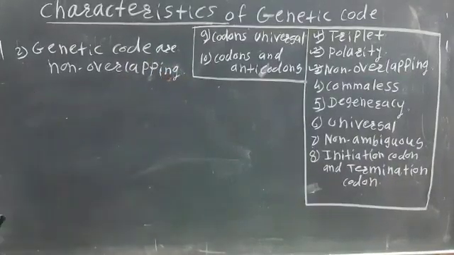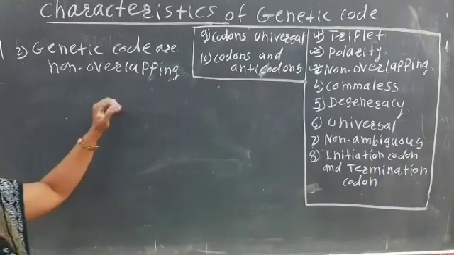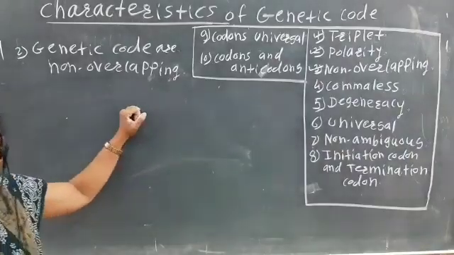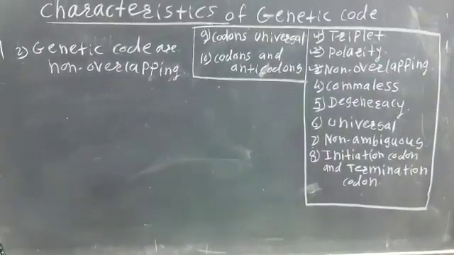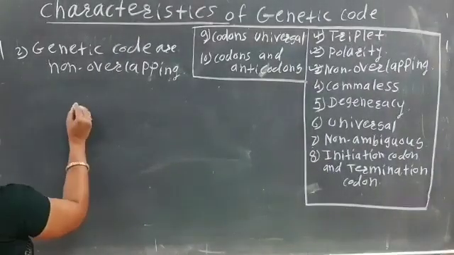Genetic code is non-overlapping. So if we see the experimental evidence which proved that the genetic codons are non-overlapping. So see how they are non-overlapping.